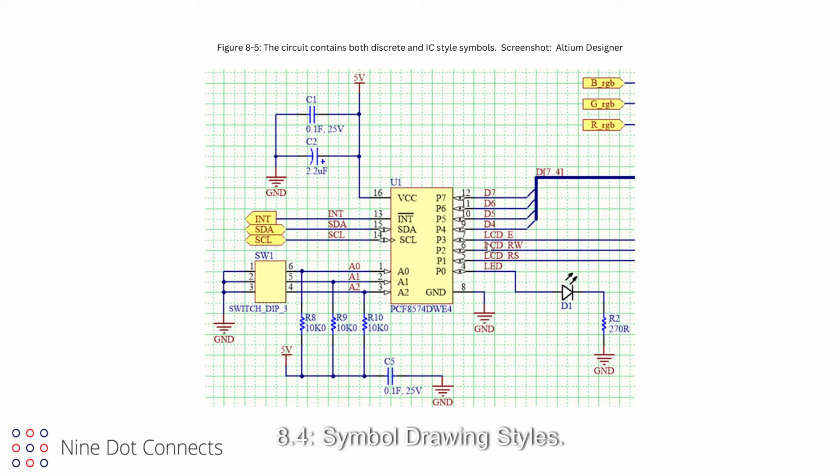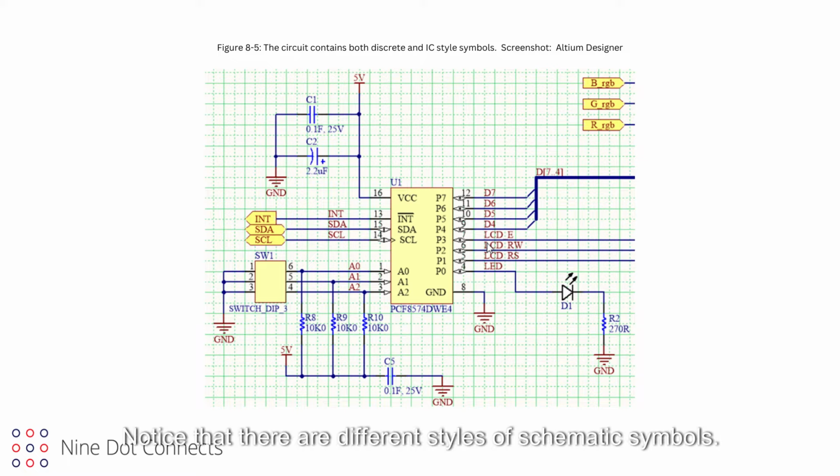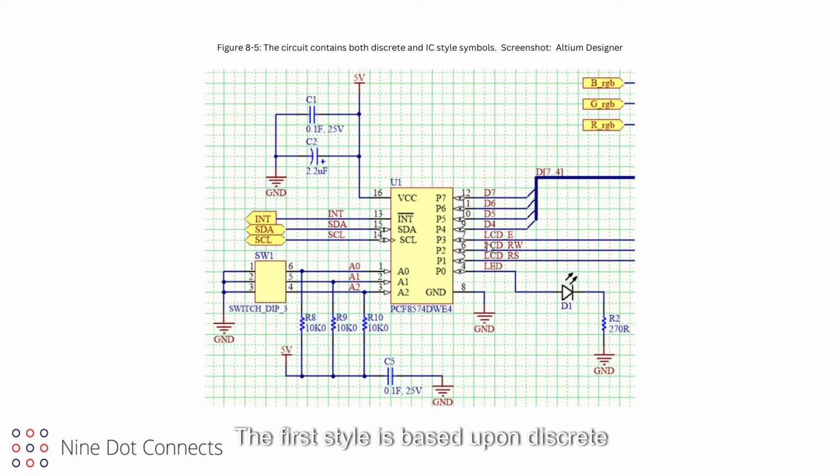8.4. Symbol drawing styles. Notice that there are different styles of schematic symbols. There are 2 general types that have evolved over time. The first style is based upon discrete components. In the figure above, there are several discrete components, such as capacitors, C1, C2, and C5, resistors, R2, R8, R9, and R10, and an LED, D1.